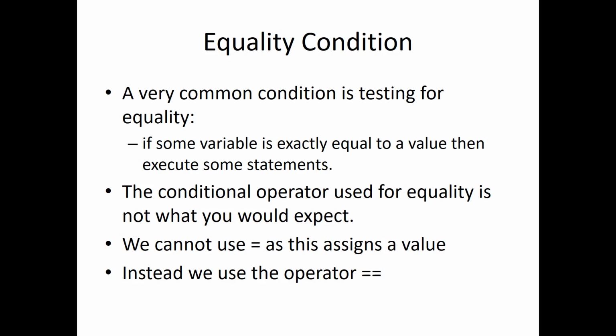If you're testing for one value being equal to another value, then we use two equal signs. If we're assigning a value, for example setting the value of x equal to 10, then we use the assignment operator, which is one equal sign.